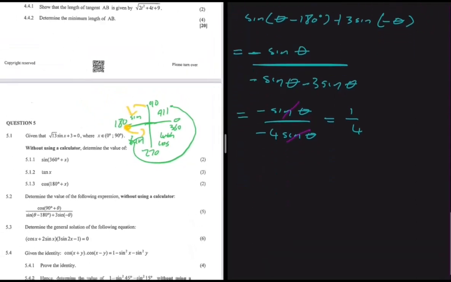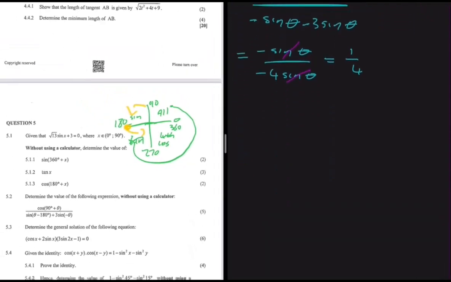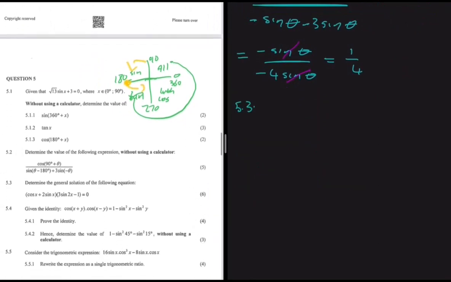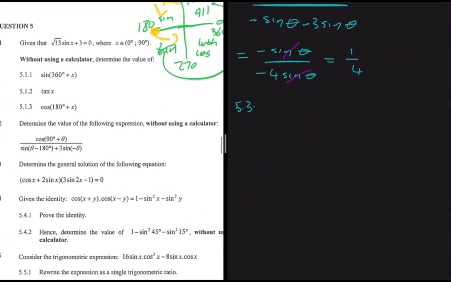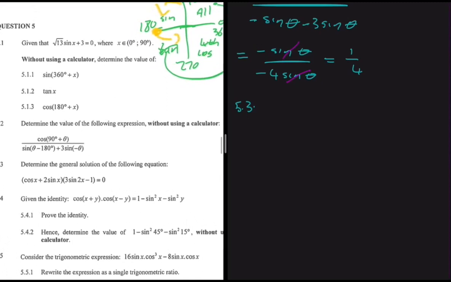Now let's do 5.3. So 5.3 says to determine the general solution of the following equation. We have cos of x plus 2 sine of x, multiplied by 3 sine of 2x minus 1, being equal to 0.